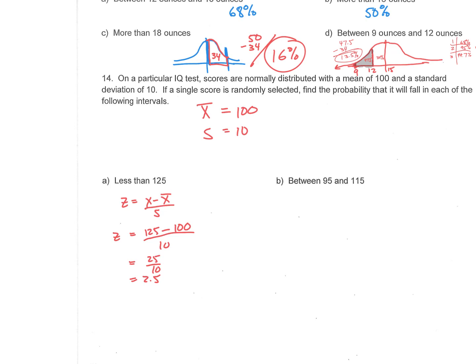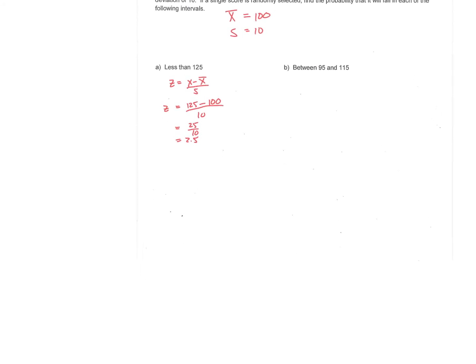Now, on a picture of this, this is going to be this normal curve here. So the z-score is at 2.5. And we're looking for less than that, the area that's less than that. So this would include all of this area here.